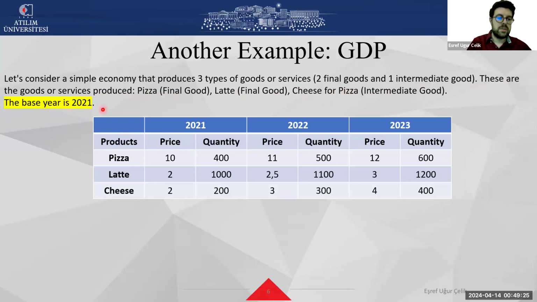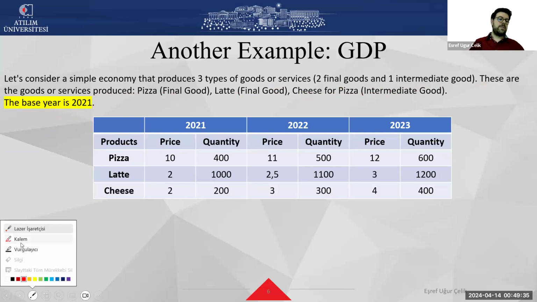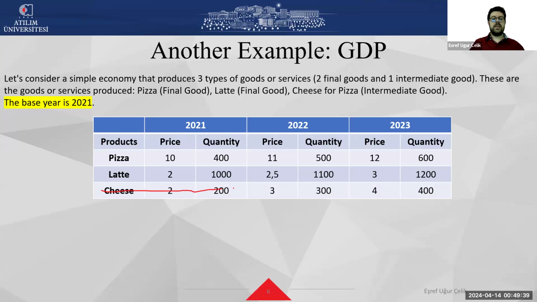And one more detail, the base year is 2021. So if I ask that type of question, before starting, you can delete the intermediate goods row. Okay, we can delete it. So we have 2 goods.